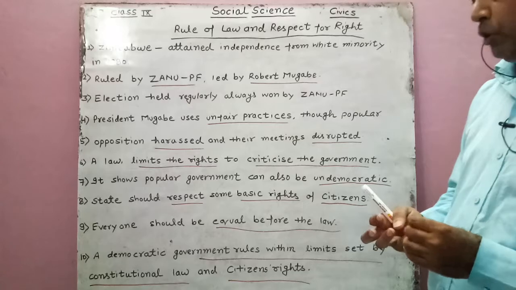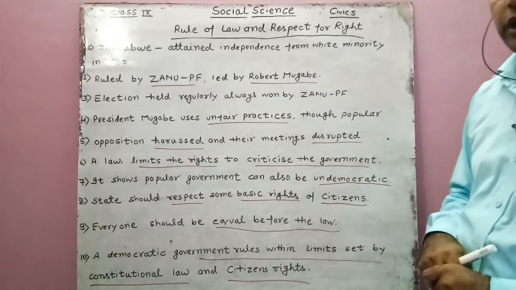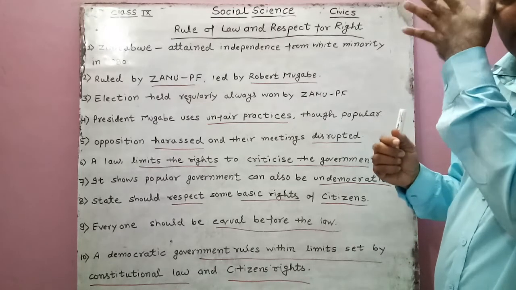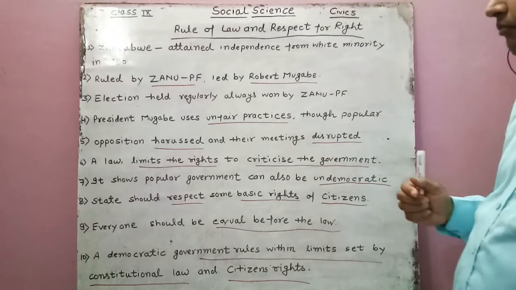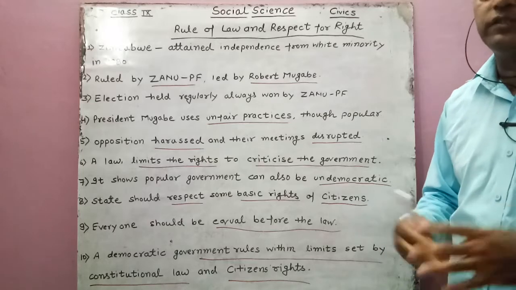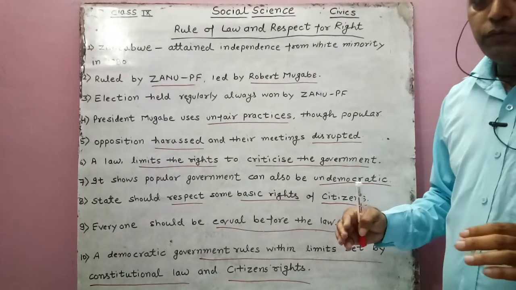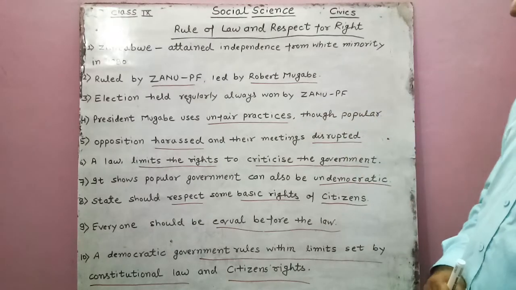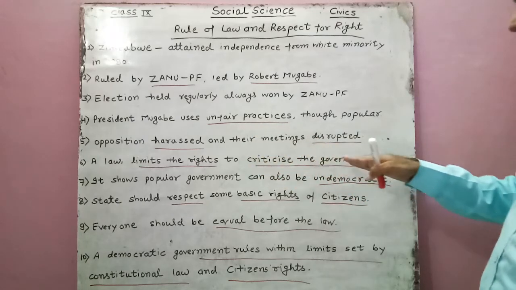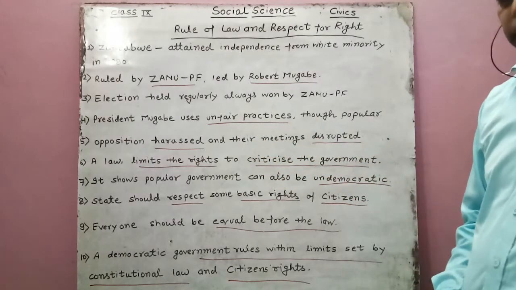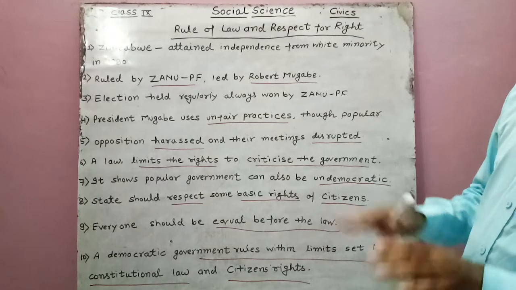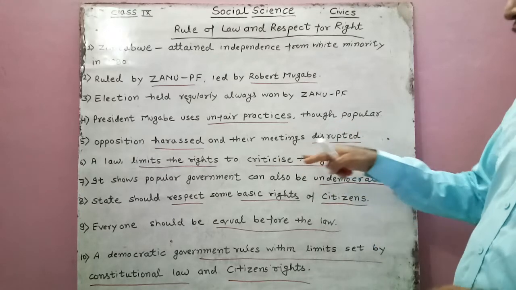Also, he harassed the opposition and disrupted the political meetings of the opposition. You know that the opposition has an important role in a democratic process. The opposition has the right to criticize the government's policy and make people aware of their rights. But the government led by Robert Mugabe set limits on the right to criticize the government.